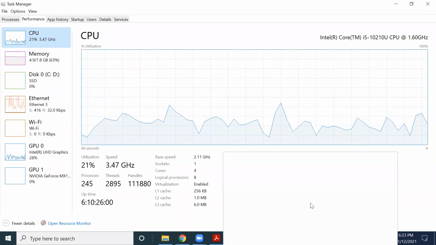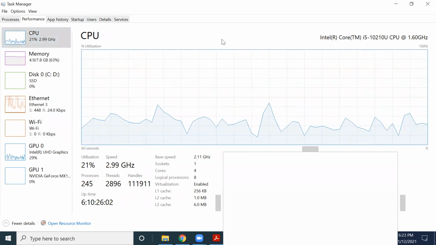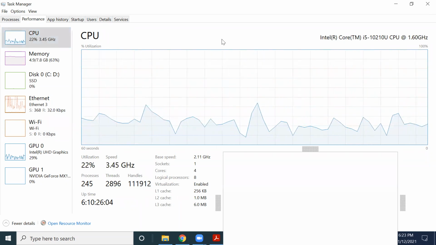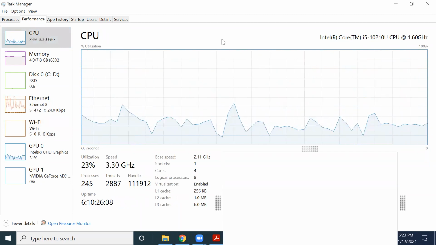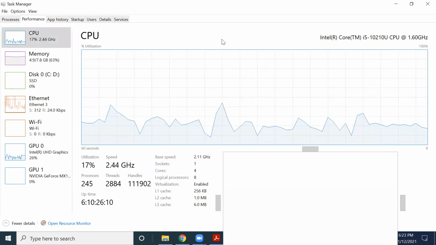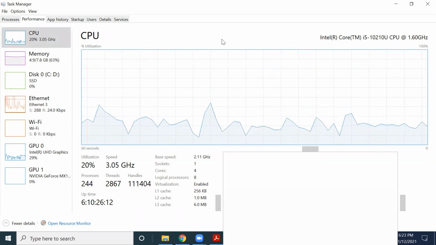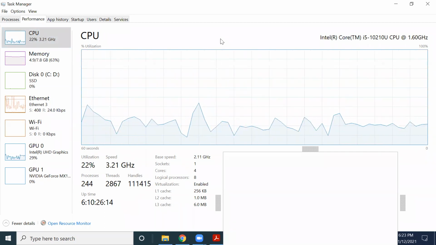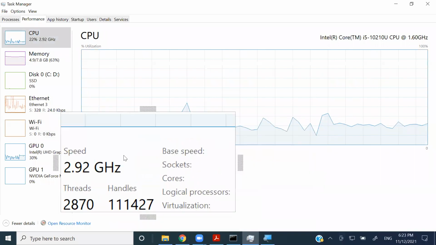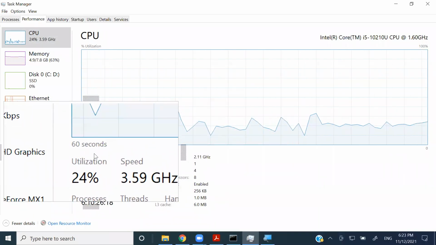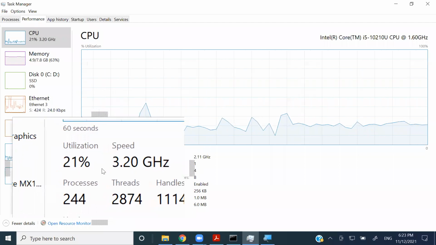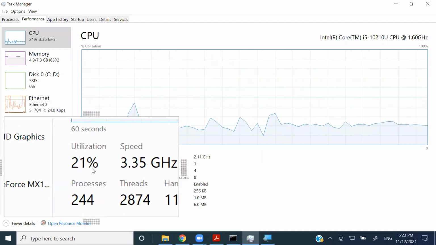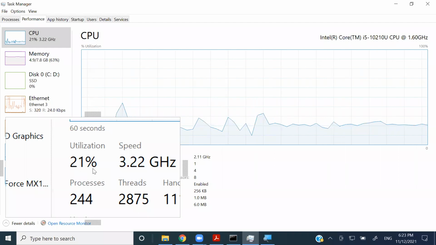Look at this. At the top of this screen, it shows the utilization of my CPU, right? So it's not been that much utilized. It is somewhere around 20%, right? You can see the utilization shows here as 22%, 21%, likewise, right?